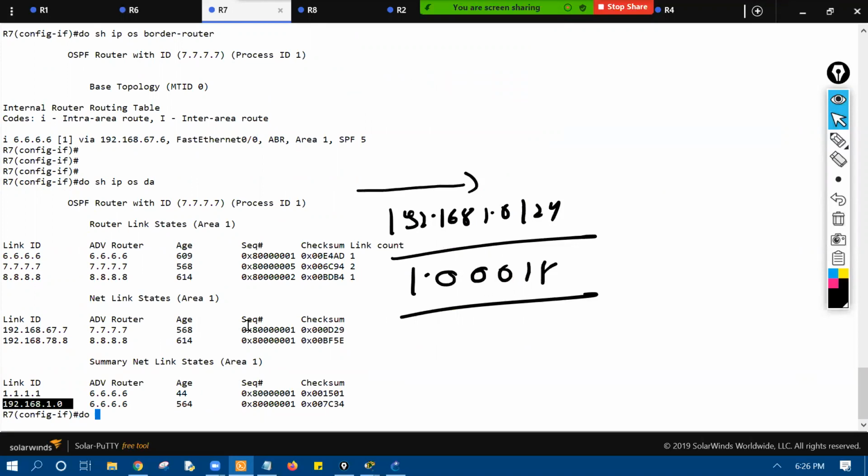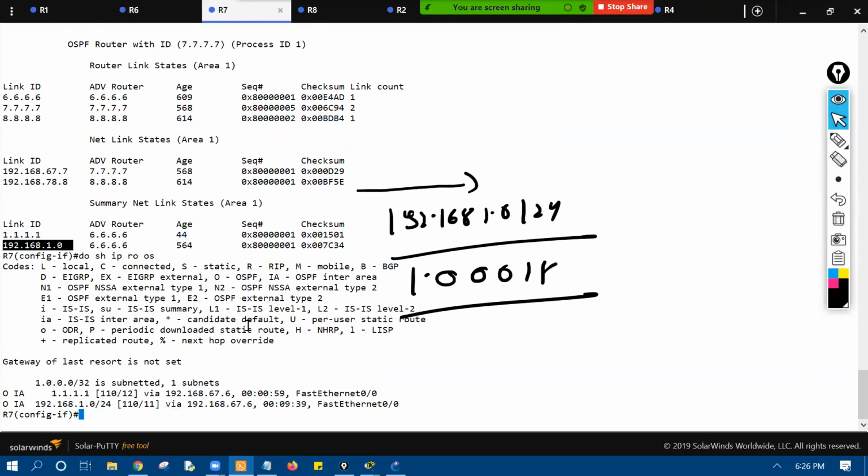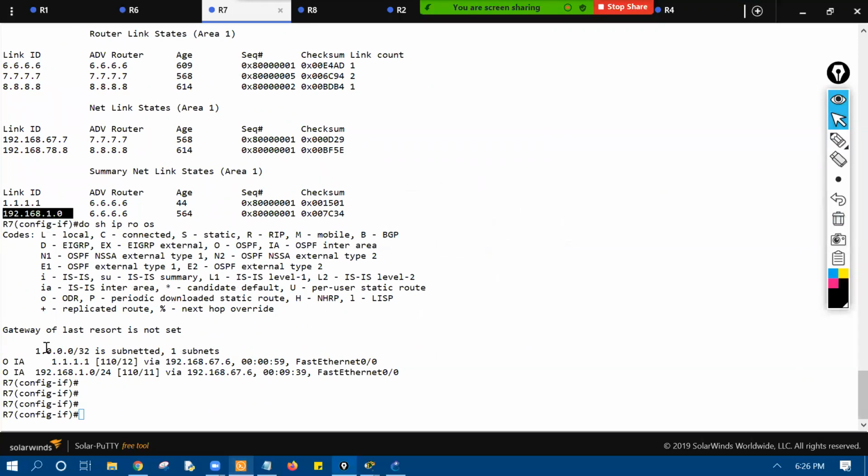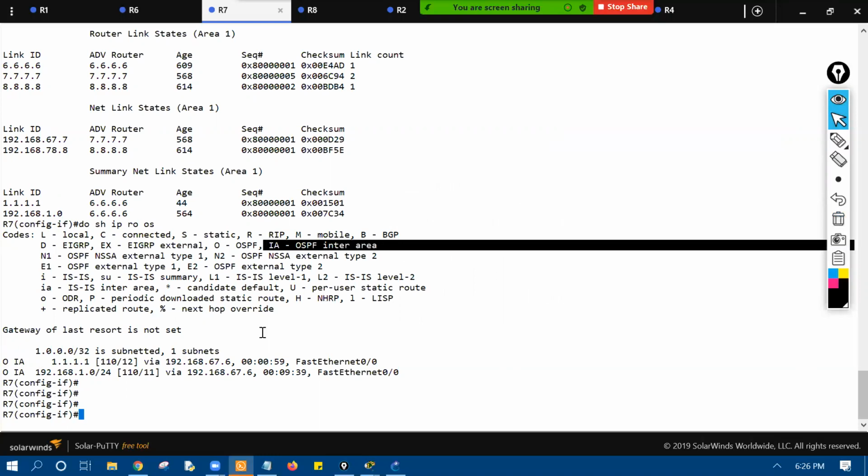And if you check show ip route ospf, we have an OIA route. OIA means what? This route is coming from a different area.